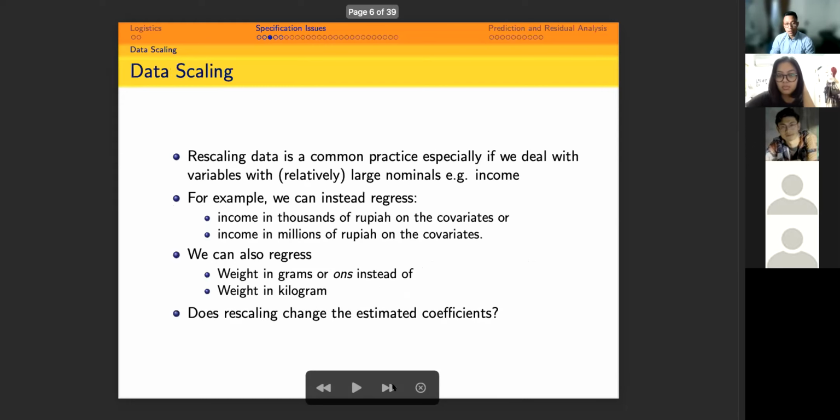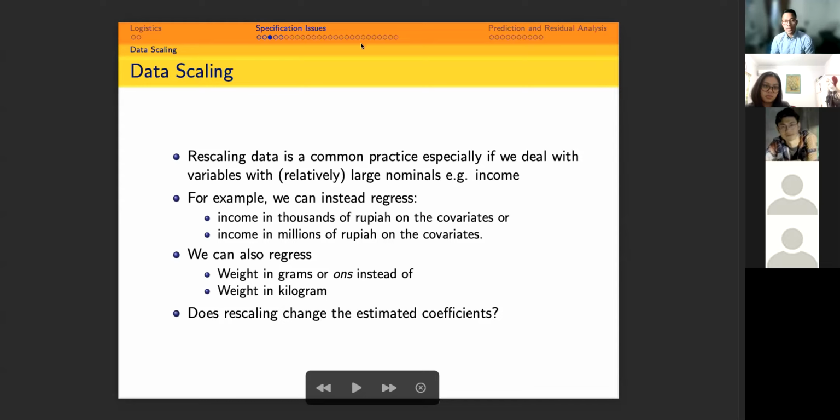Rescaling data is a common practice, especially if we deal with variables with relatively large nominals, for example, income. Instead of regressing income in rupiah, we can regress income in thousands of rupiah on the covariates. We can also regress income in terms of millions of rupiah on the covariates.